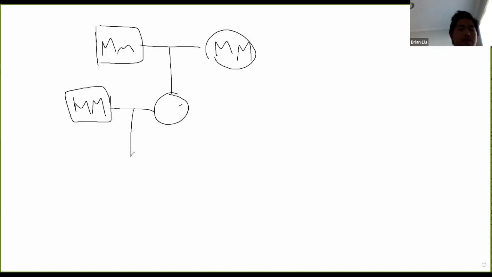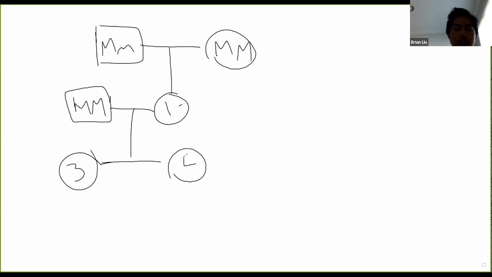Then what if we look at the probabilities for the next generation? So if we look at person 1 here, person 3 here, and person 4 here.